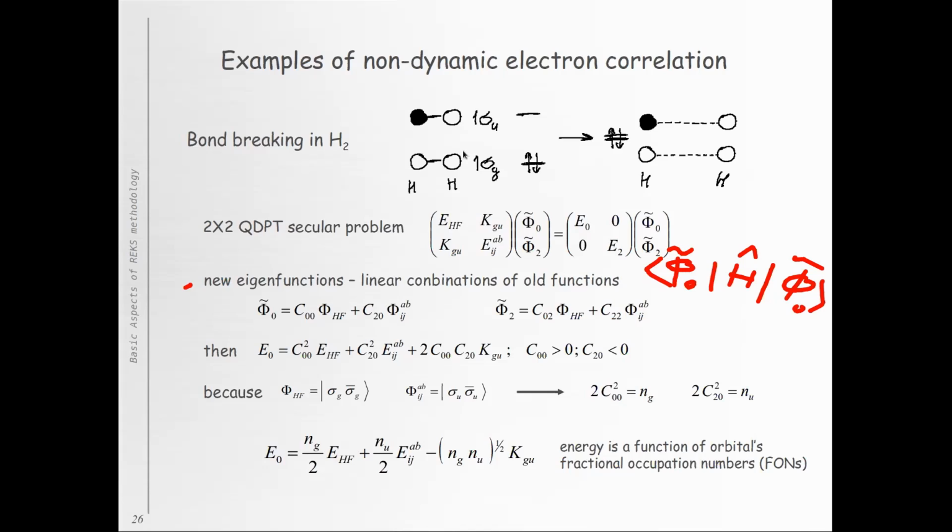In this simple two-configurational wave function, they will be given by the squares of the coefficients of these configurations in the wave function.